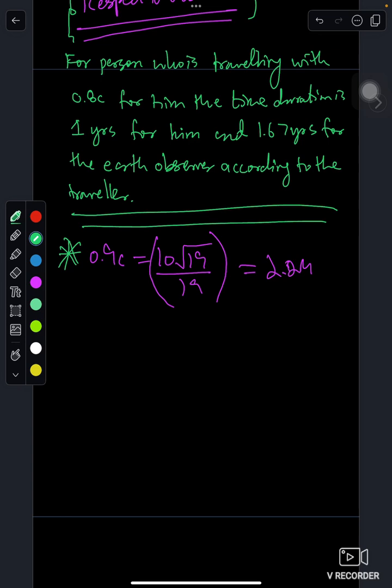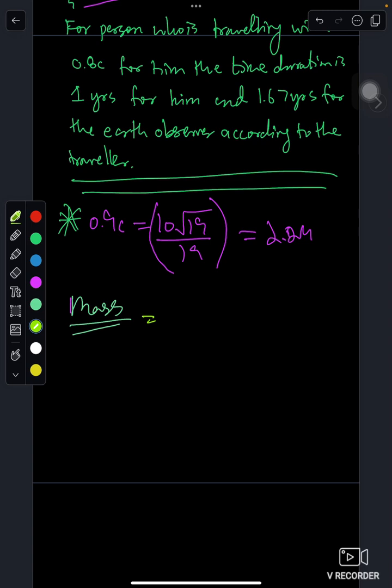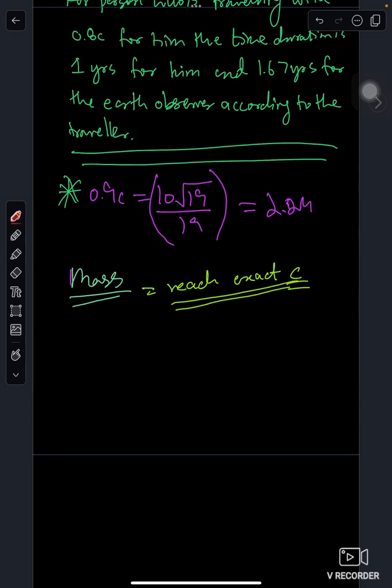We could take many examples, but always remember, an object with mass will never reach the exact speed of light or exceed it. So this is the limit. What are the particles which go at the speed of light? Photons. And what do we know about photons? Photons are massless particles.